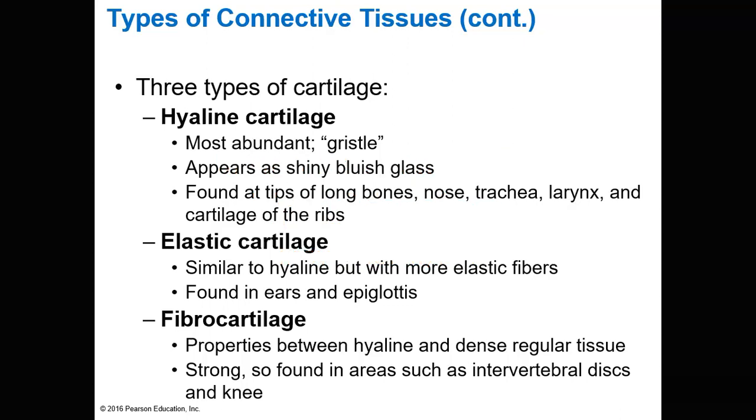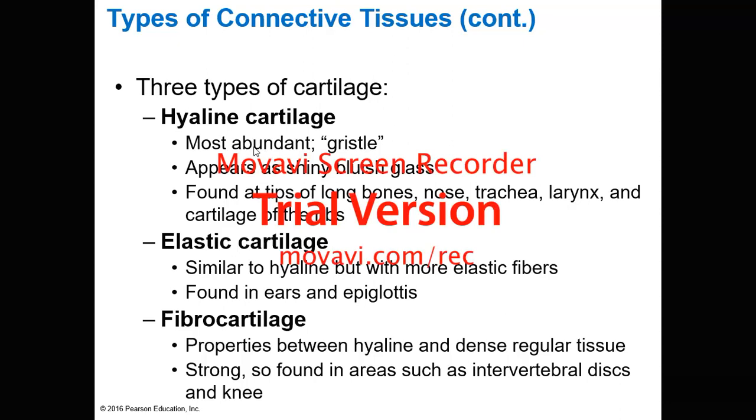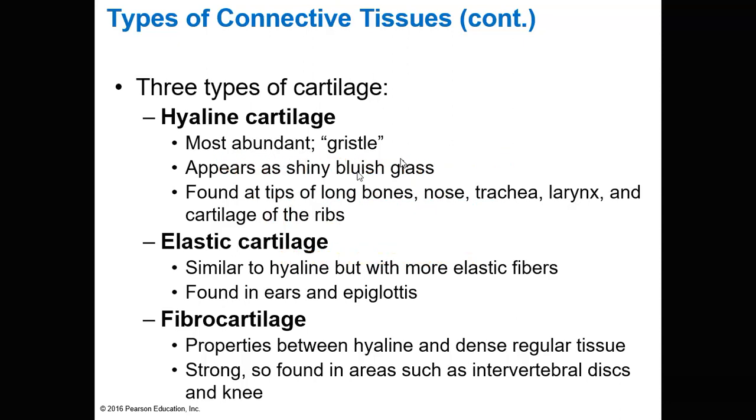Again, remember the most abundant type of cartilage is the hyaline cartilage, also referred to as gristle, and it appears as shiny blue glass. Remember the locations where you find the different cartilages.